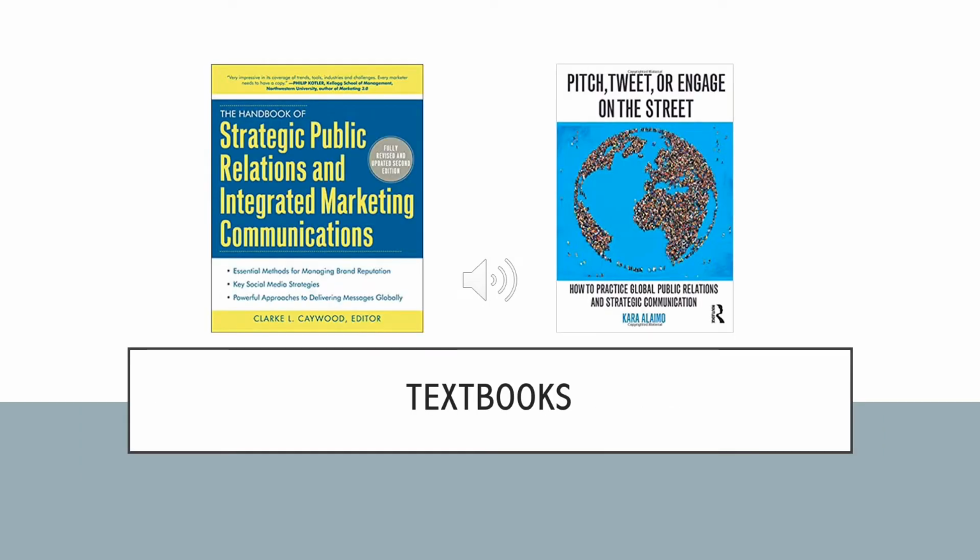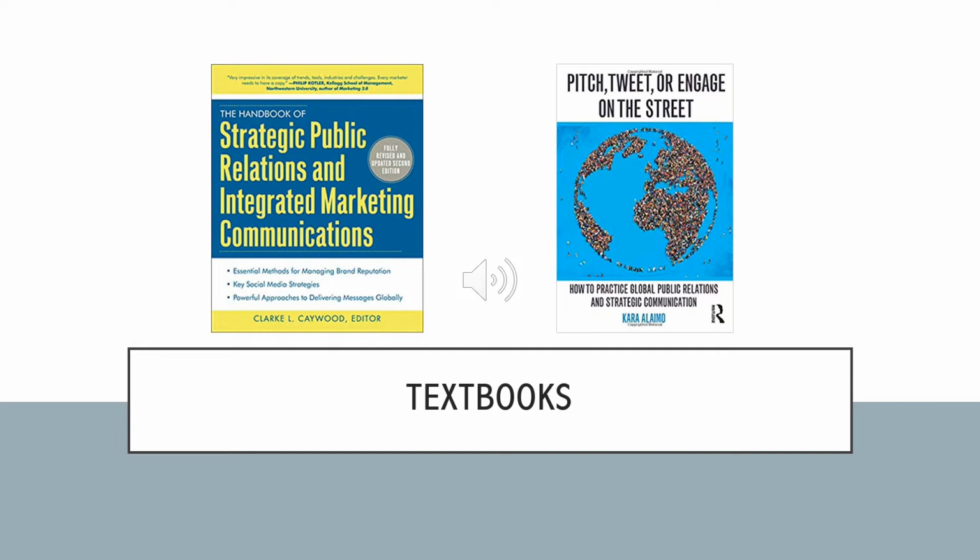So we will be using two texts in this course. The main text will be the Kaywood text, the Strategic Public Relations and Integrated Marketing Communications Handbook. And the second text is the LAMO text, which is Pitch, Tweet, or Engage on the Street.